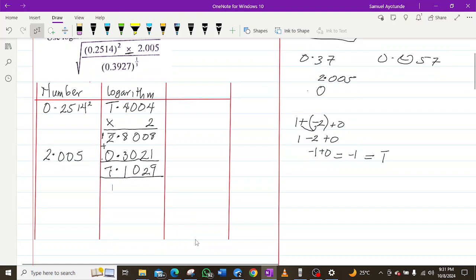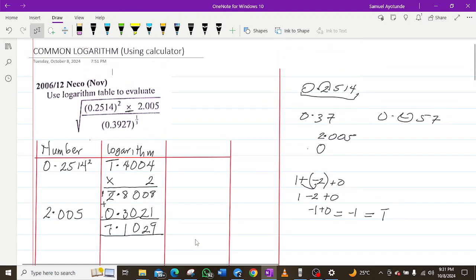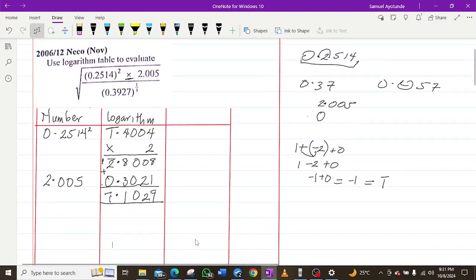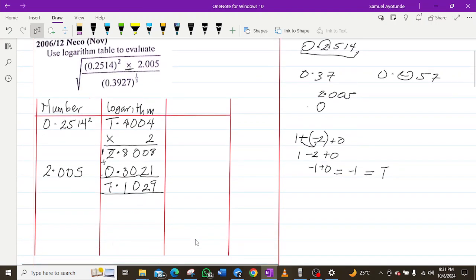So go to the denominator. Our denominator is 0.3927 raised to power 1 over 3. The power is 1 over 3.